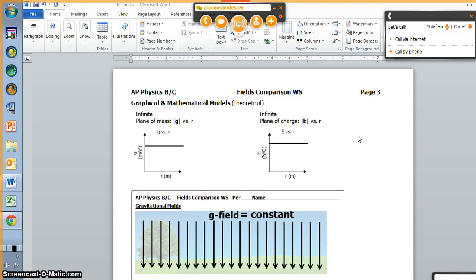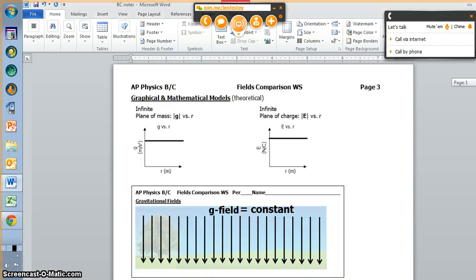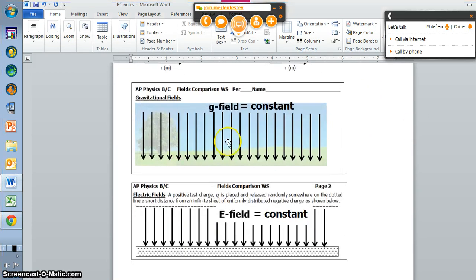Yesterday we were looking at the field comparison worksheet, and on page 3, just to remind you, we said that because these fields are uniform, the G field and electric field, and thinking about the G field, noticing how it's always here on Earth 9.8 or 10 meters per second each second, or also 10 newtons per kilogram.